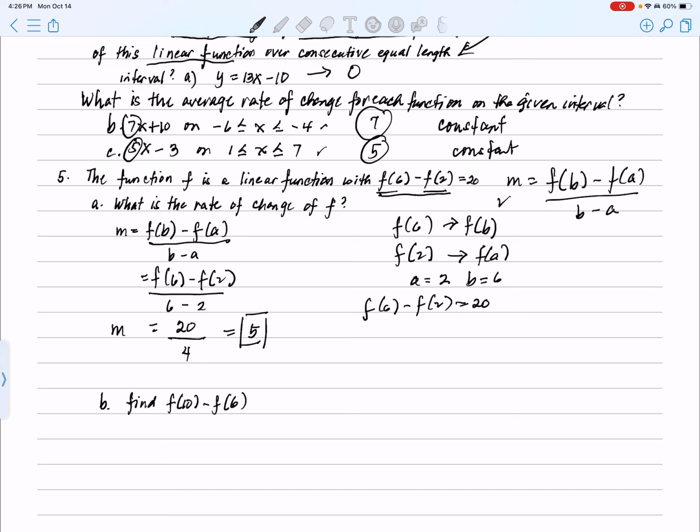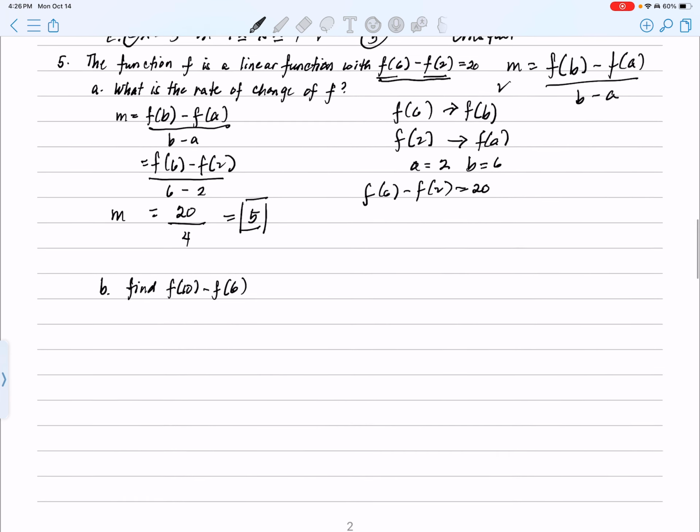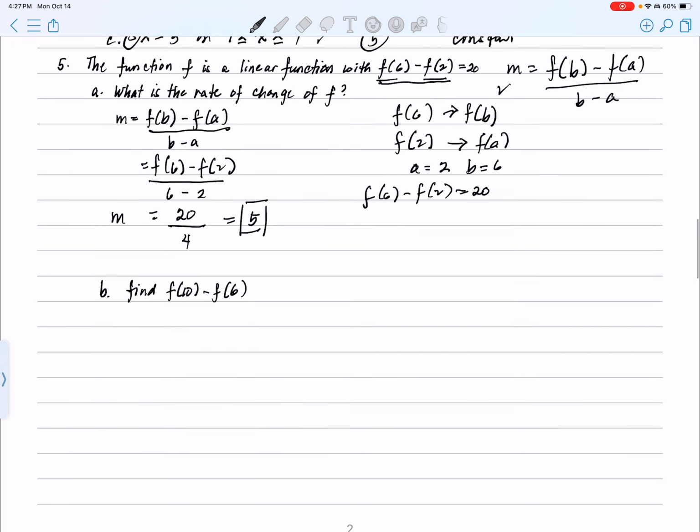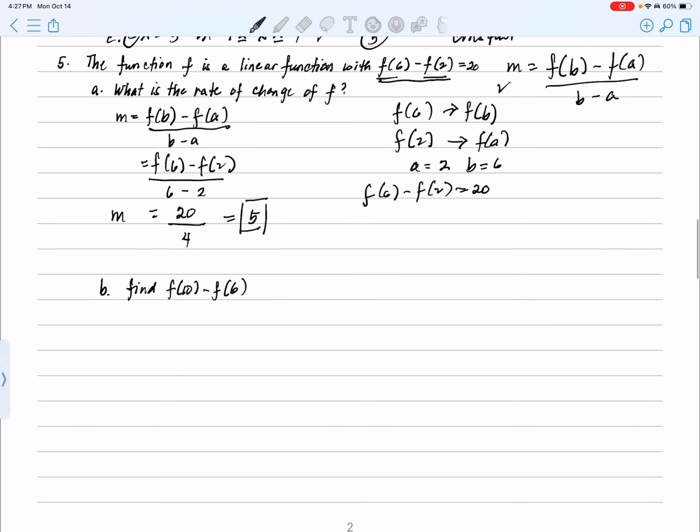How about if you are given in letter B, find f of 10 minus f of 6. Still using the formula of m, f of b minus f of a over b minus a.